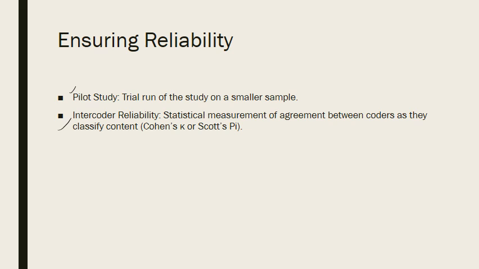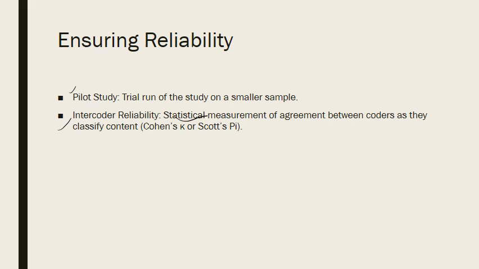And then there's this other thing called intercoder reliability. Usually in content analysis, because they're striving for objectivity and proof and all that stuff, you usually have multiple people coding. So it's usually not just one researcher doing all the coding. Usually you have a team of maybe 2 or 3 other people who decide to code everything independently.